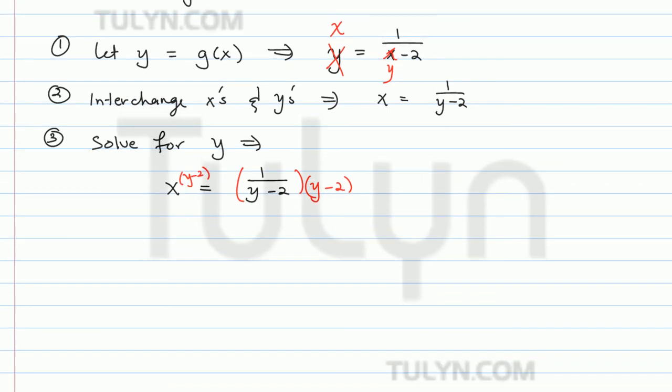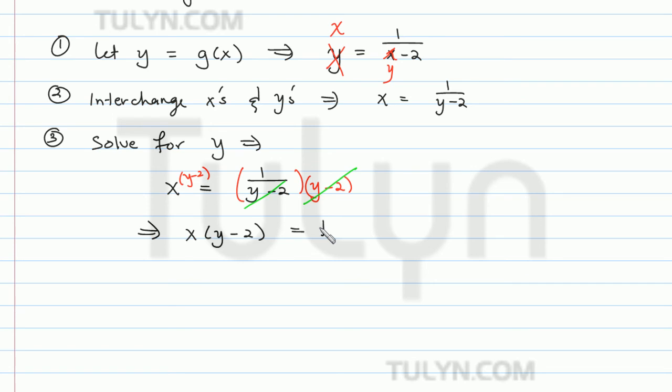So what we end up getting on the left is x times y minus 2, and on the right the y minus 2's cancel out, so we're just left with 1.